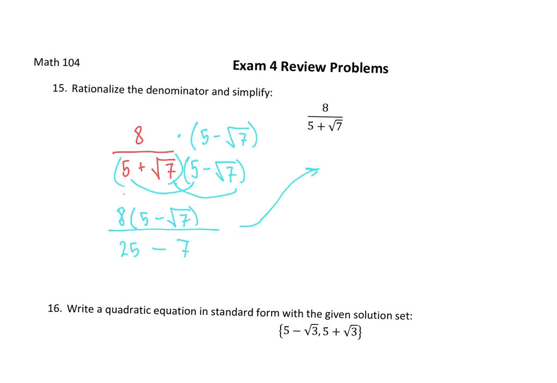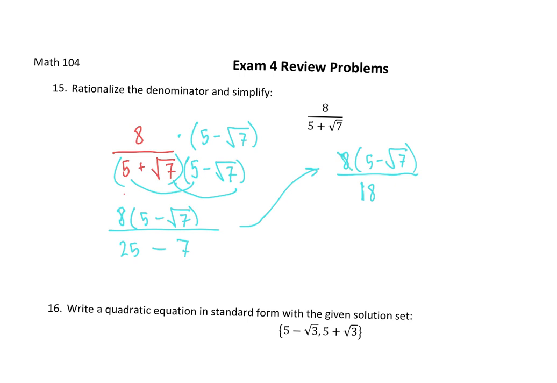So that gives us, sorry about that, let's see, 8 times 5 minus the square root of 7 over, that would give us 18. And then I'm just going to reduce the 8 and the 18.